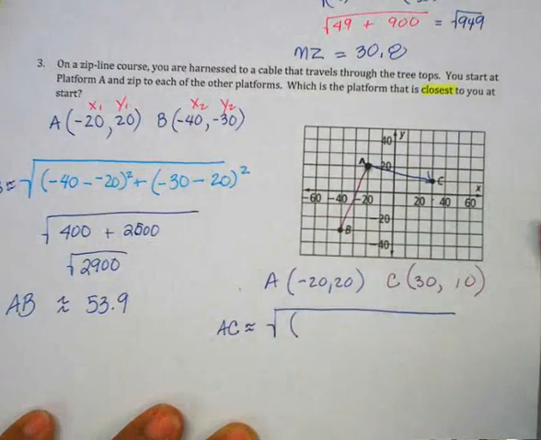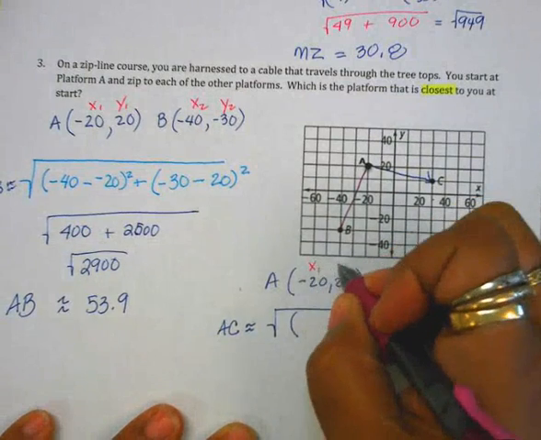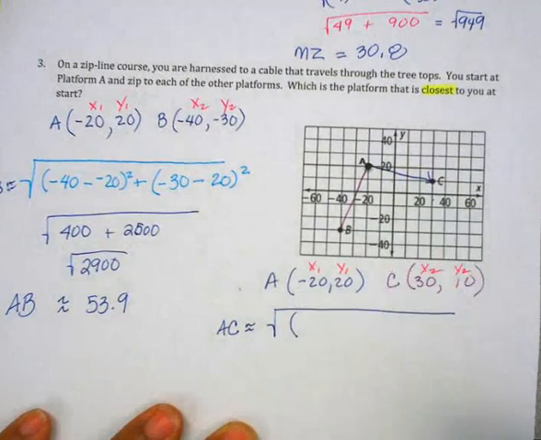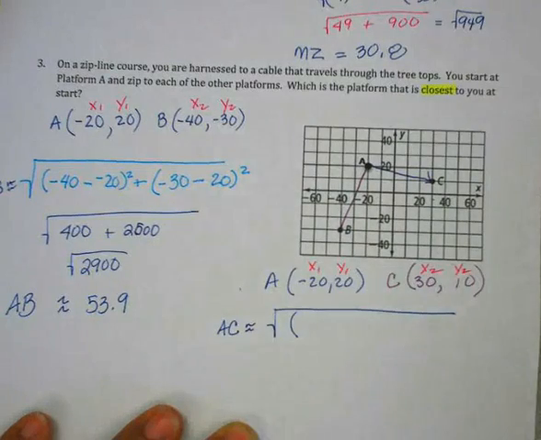let's label x1, y1. This is my second point, y2. Okay, label your points.